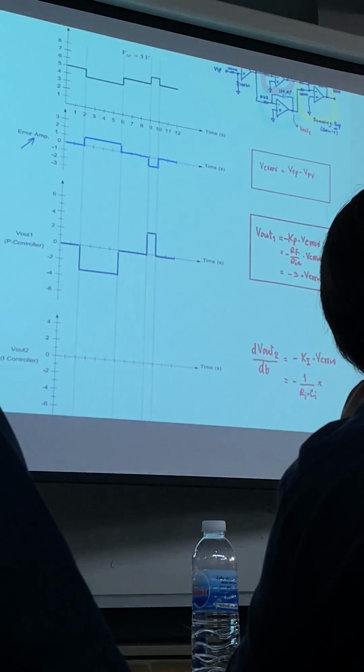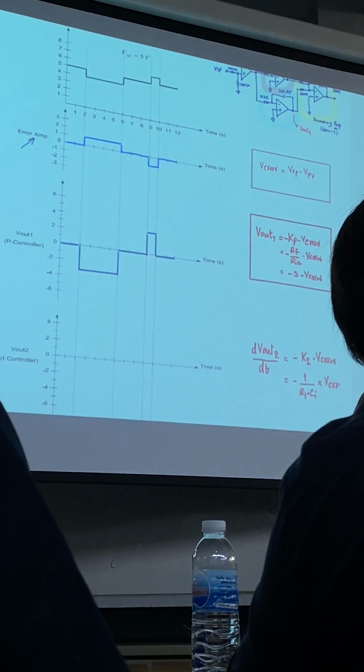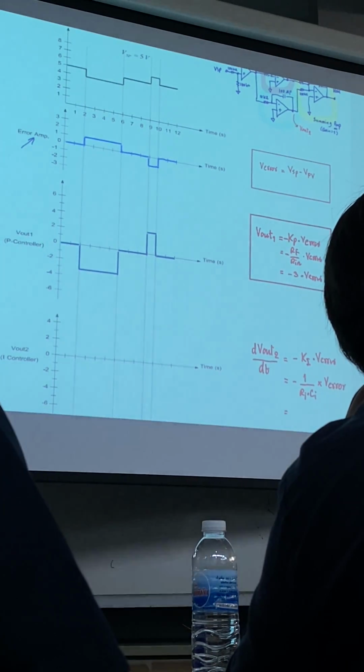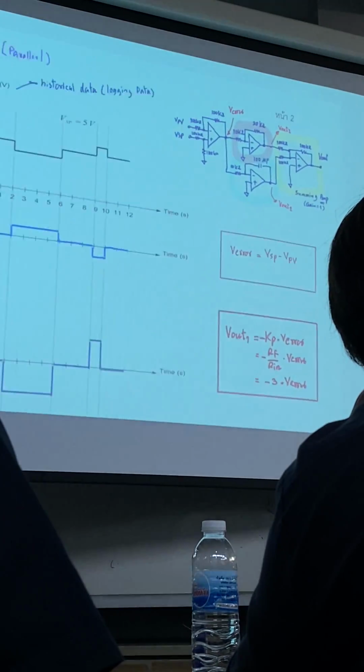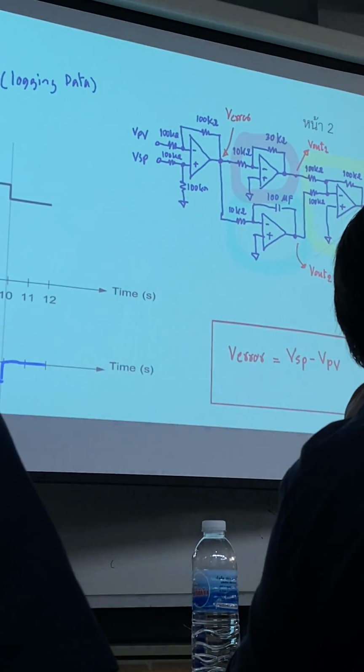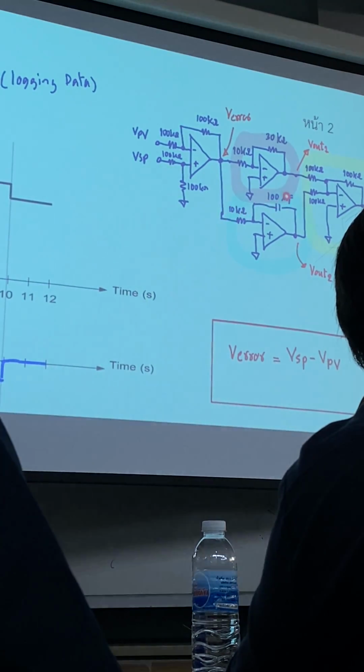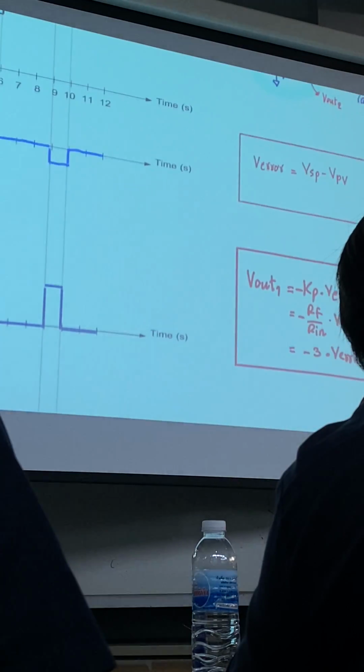Then you have minus 1 over Ri. Where is Ri? Ri in this case is 10 kilo ohm and Ci is 100 microfarads.